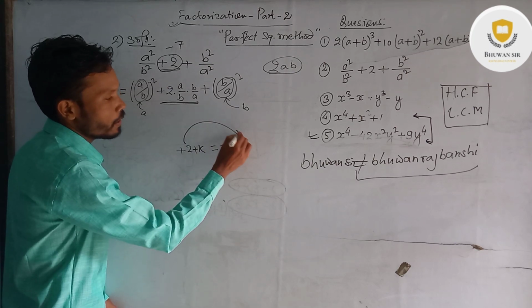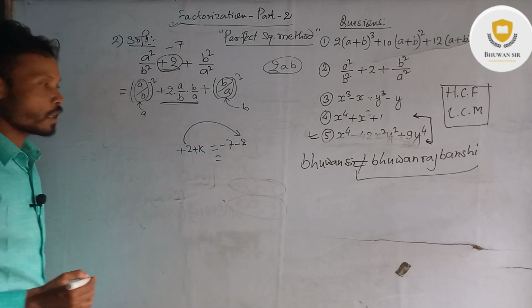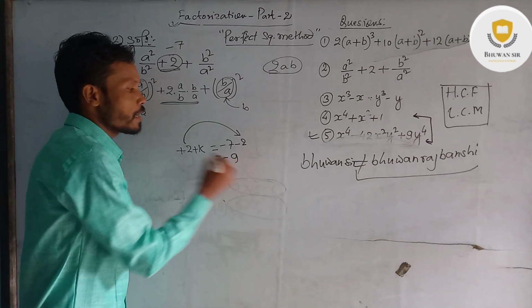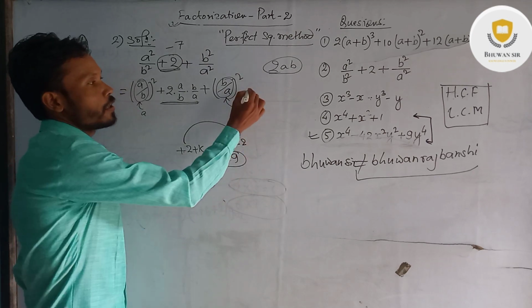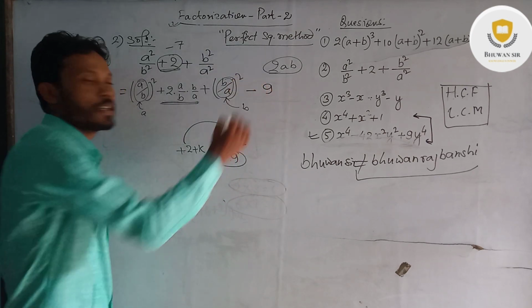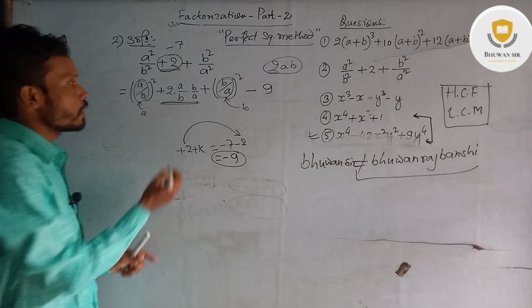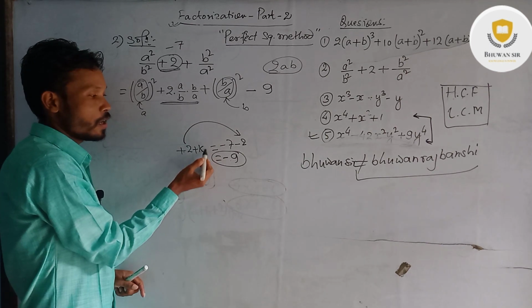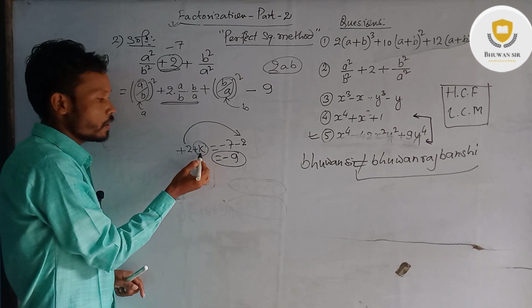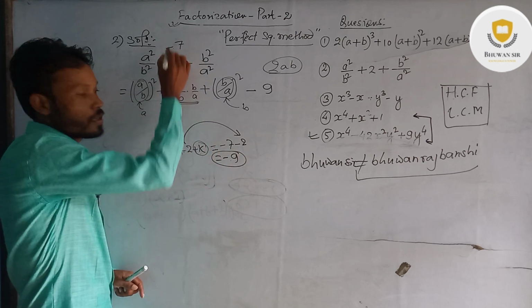Clear? Now you can write here plus k. Now plus 2 will go to the other side. Plus 2 will convert into minus 2, means minus 9. The adjustment factor is minus 9. In that case, you can write minus 9 here. Okay? Any confusion? See here, plus 2 is here, k is our supposed number, equivalent with minus 7.